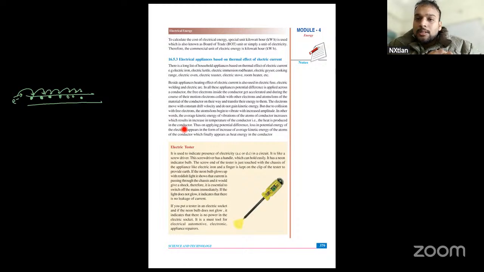Okay, did you understand? So when electrons are moving, they give vibration. They collide with another atom or electron of the conductor, and it vibrates. And because of that vibration, it lets another one move and gain kinetic energy. So if the kinetic energy increases, heat is dissipated and produced.